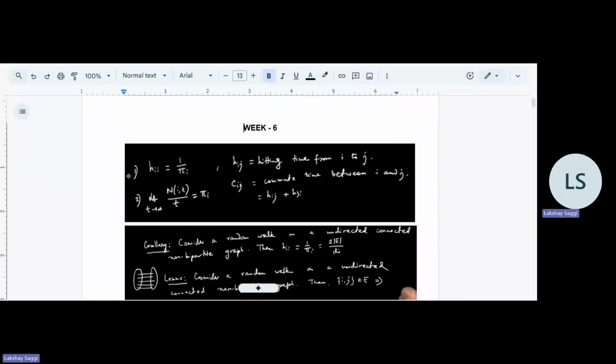And this is a really cool property that the hitting time from state I to state I. So essentially, if you're starting at state I, then what's the next time at which you will come back to the state I?